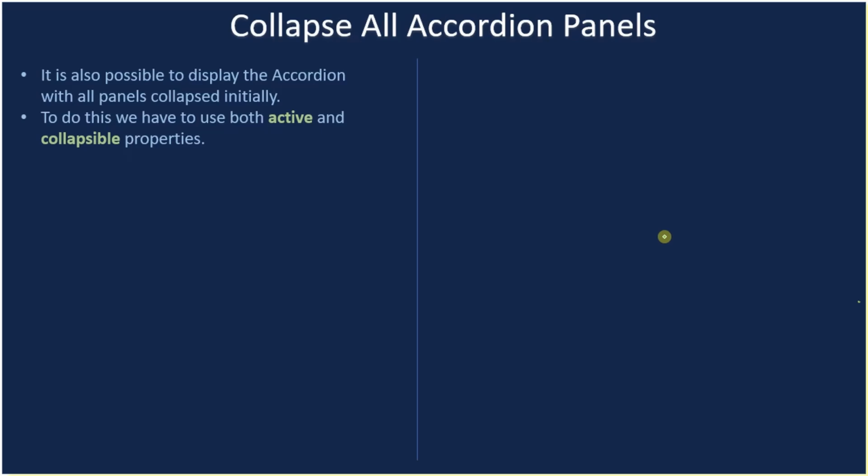To do this, we have to use both active and collapsible properties. So now we are introducing one more property called collapsible. Active you already know as part of the previous video. So to do this, we have to use both active and collapsible property. Means collapsible should be true and active should be false.